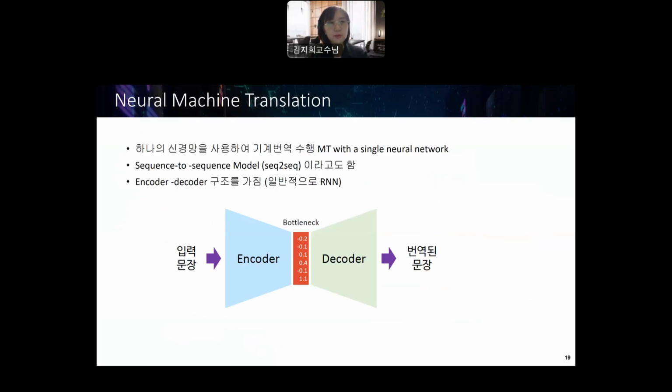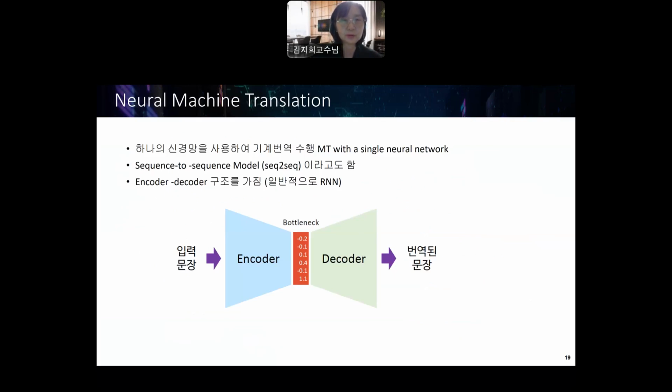So now we'll move on from statistical to neural. Neural machine translation is different because it's just using a single neural network instead of multiple components. Remember, in statistical machine translation, it has at least two components, and each component consists of multiple different tables, different modules, and so on.